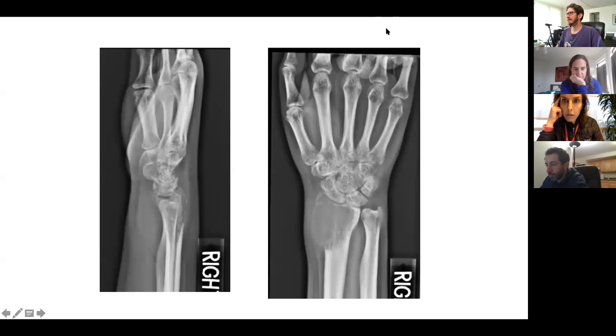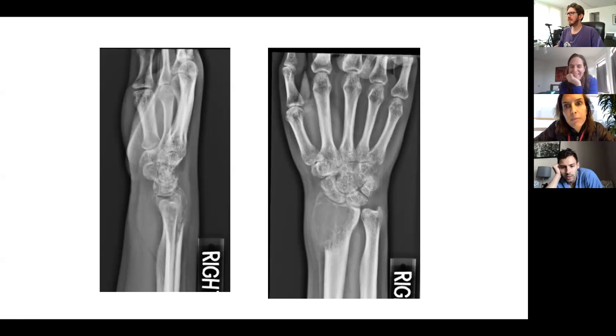So Joey, you're on the line. Talk to all of us about these x-rays. Yeah, AP and lateral of the wrist. Starting in the AP, it looks like at the distal radius there's a fairly large lucent lesion.